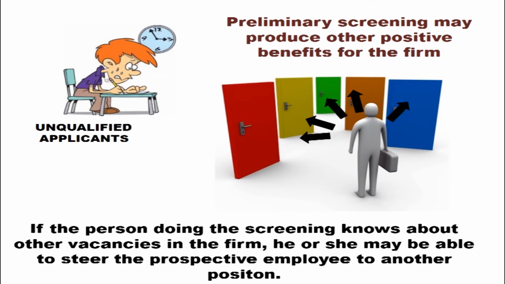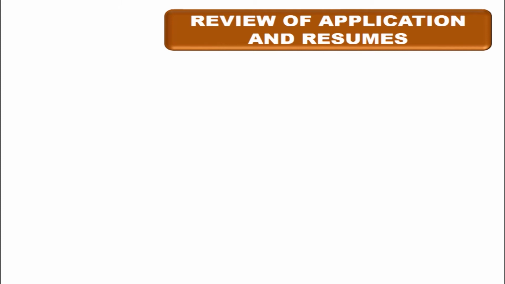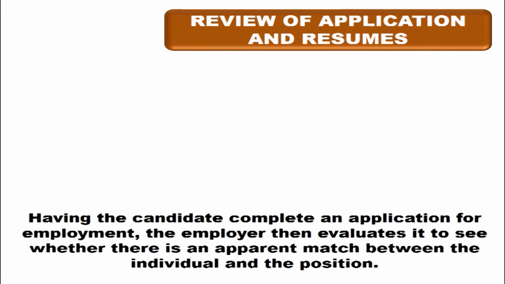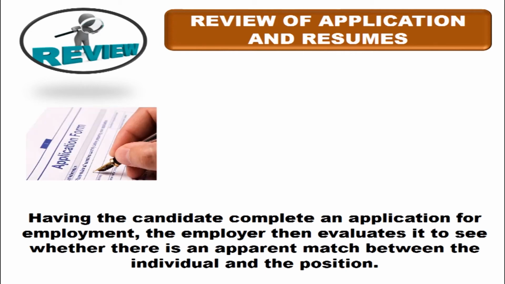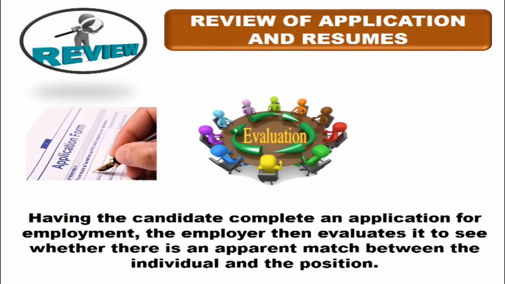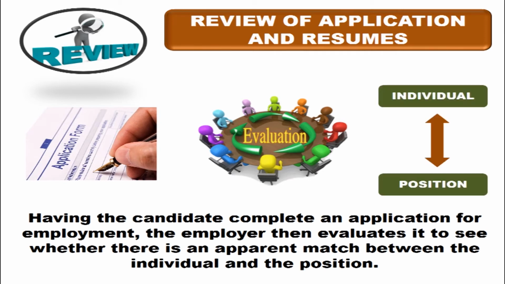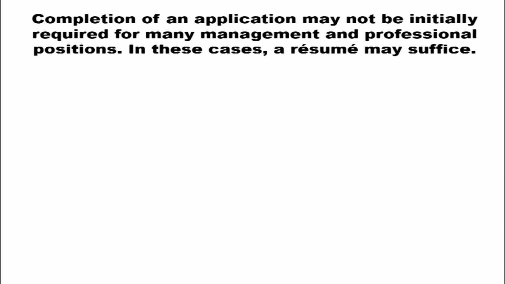The next step is review of application and review of resumes. Having the candidate complete an application for employment, the employer then evaluates it to see whether there is an apparent match between the individual and the position. Completion of an application may not be initially required for many management and professional positions. In these cases, a resume may suffice.